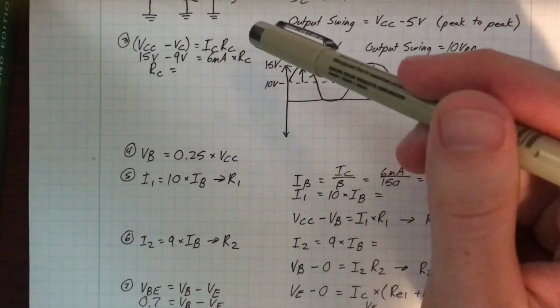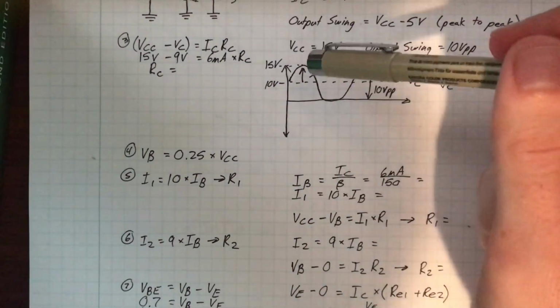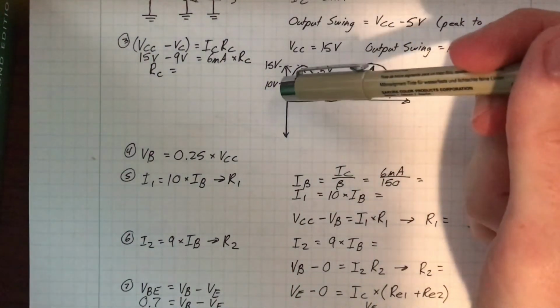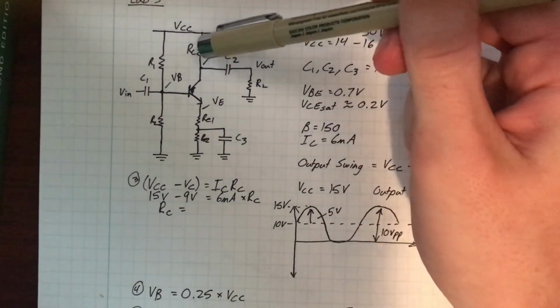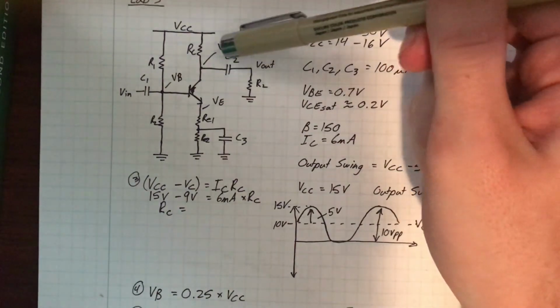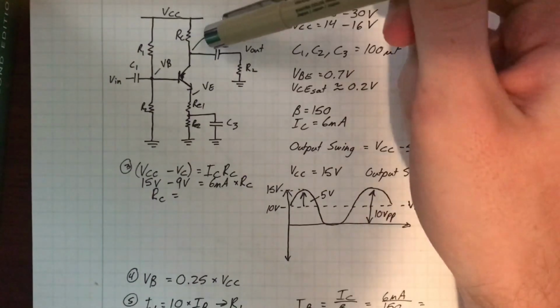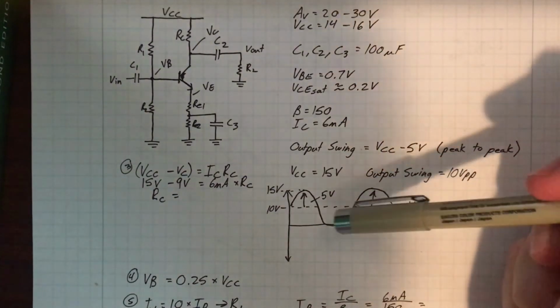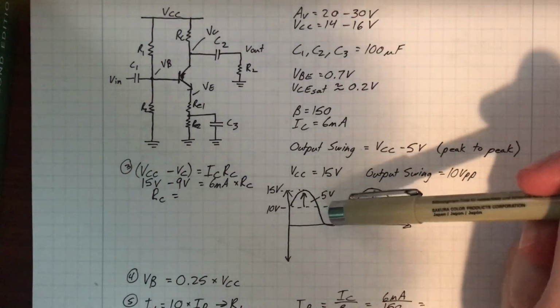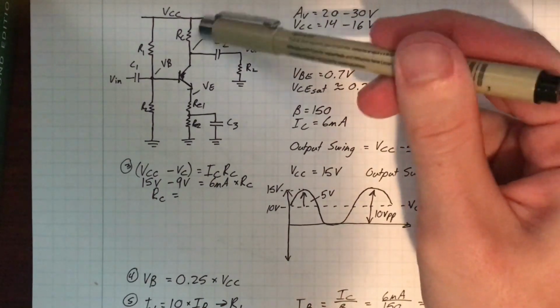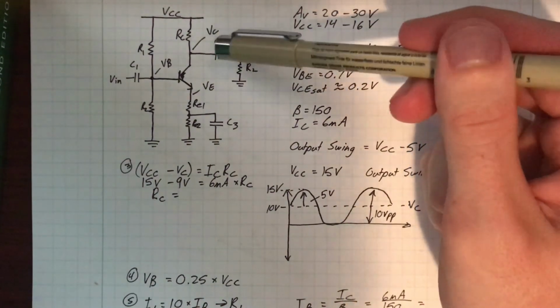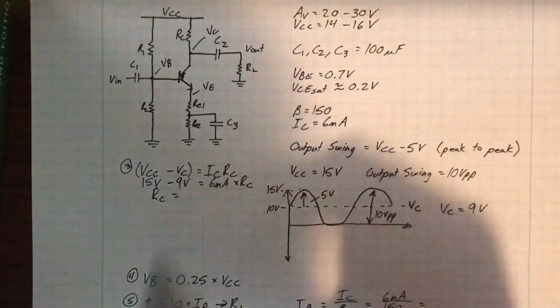But if you happen to round it down, then you will have less IR drop across RC, which would make this VC node go higher, and then you might not be able to meet your swing spec if that voltage gets too close to the rail. So RC you'd want to round up so that VC ends up going further below VCC, more IR drop.